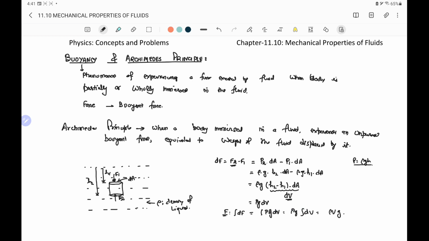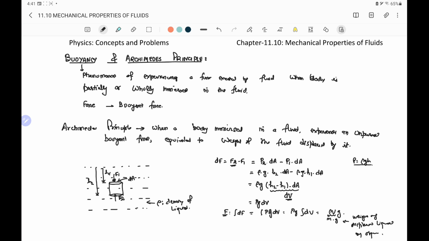So F is the upthrust force, which will be equal to the mass of the liquid multiplied by g. So this is effectively the weight of the liquid displaced by the object.